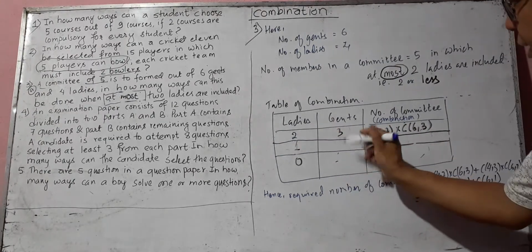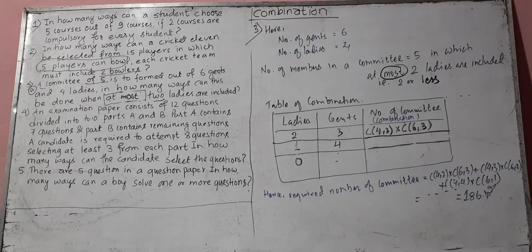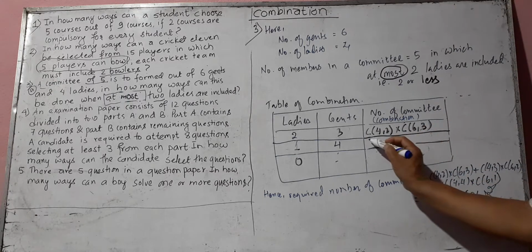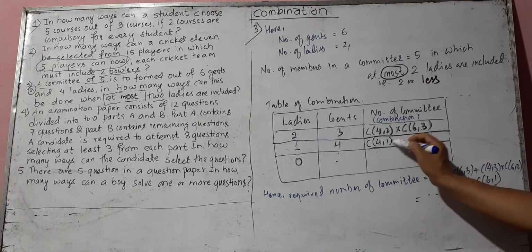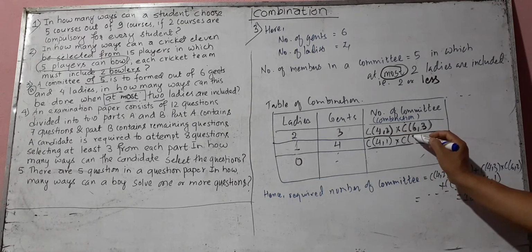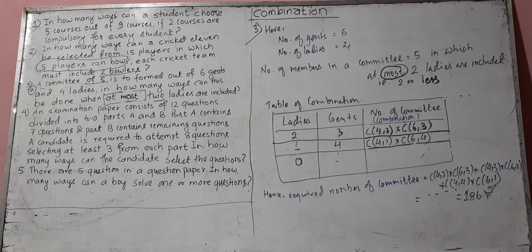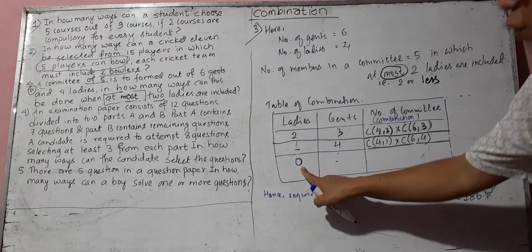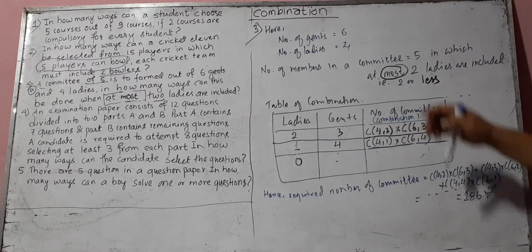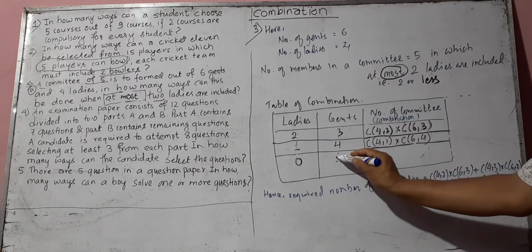When 1 lady, then there must be 4 gents, and we write C4,1 times C6,4. If there are no ladies, then all the members are gents.